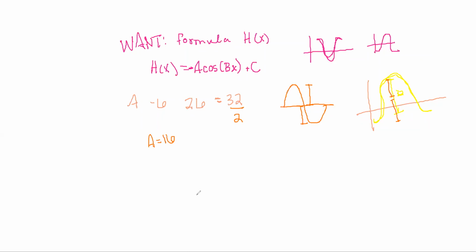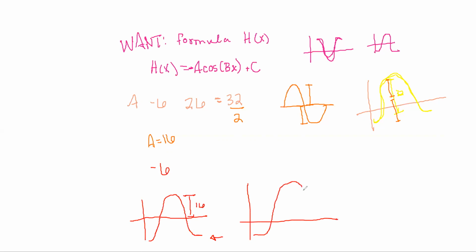If my amplitude is equal to 16, and my lowest point is at -6, then consider a graph with no vertical shift and an amplitude of 16. How much am I going to have to move it up to have this low point be at -6? I'm going to move it up by 10.